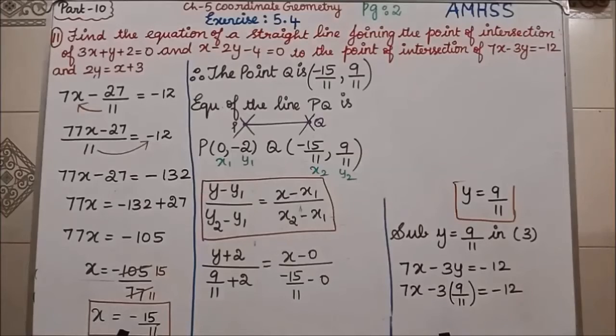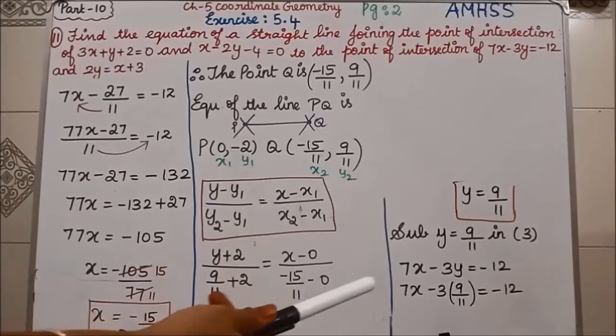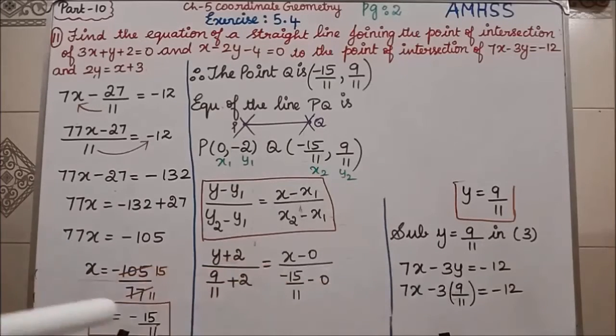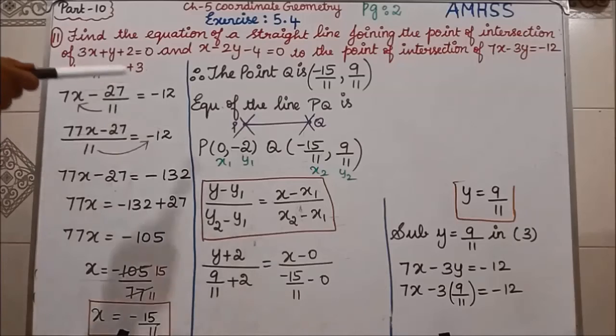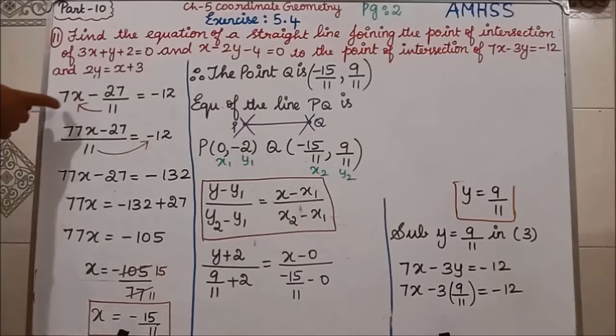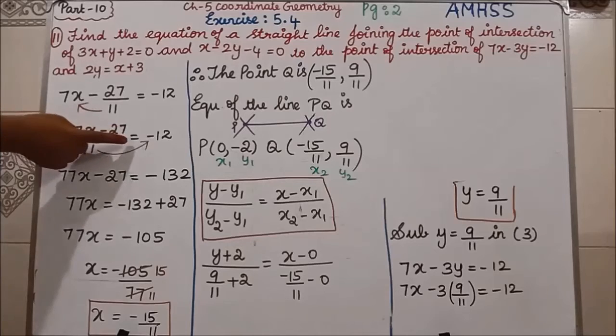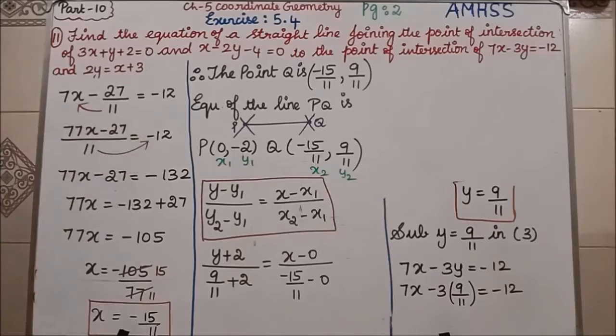Students, see, I am continuing there. 7x minus 3 times 9 by 11 equal to minus 12 now. From here I am continuing this on page number 2. 7x minus 9 3s are 27 by 11 equal to minus 12. I am taking the LCM, we know the denominator, so we have to multiply with 11. 77x minus 27 divided by 11 is equal to minus 12.